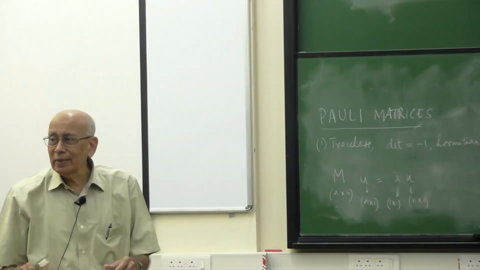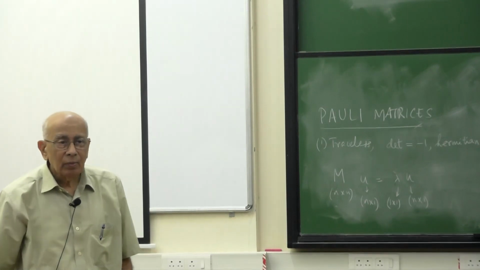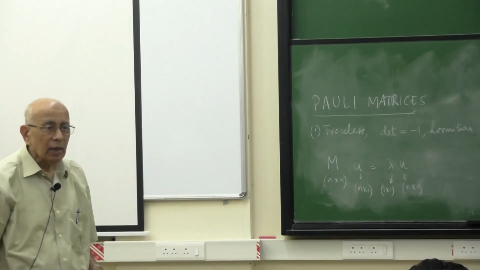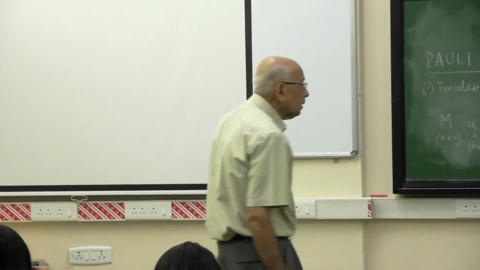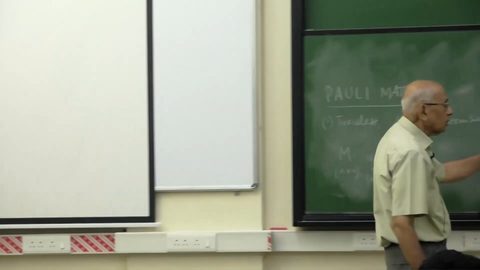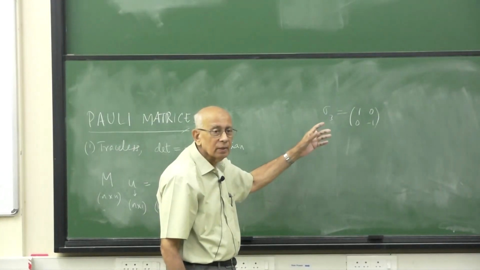All the other elements are 0 except the principal diagonal. When you have a matrix in that form, it's called a diagonal matrix, and the eigenvalues of a diagonal matrix are just the elements on the diagonal. So in this case, the eigenvalues are just +1 and -1. I already know that to start with.